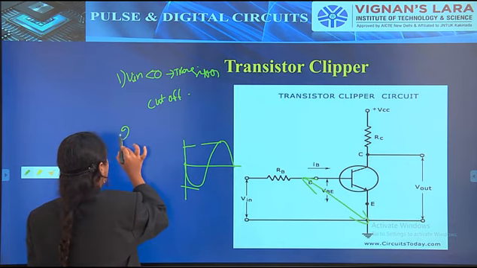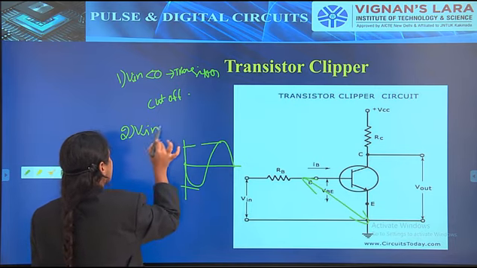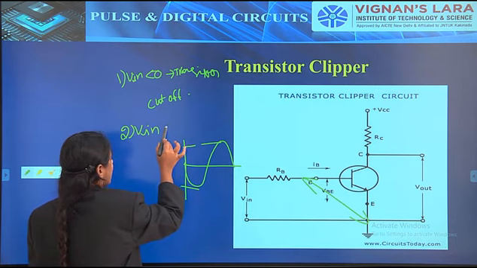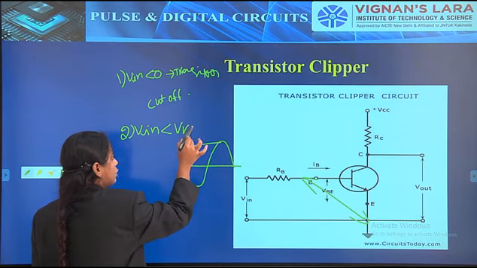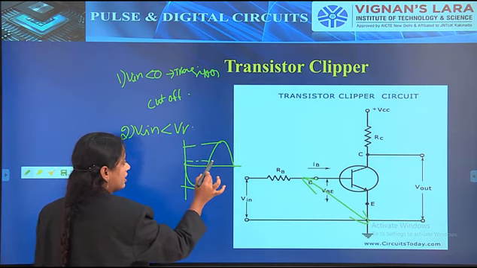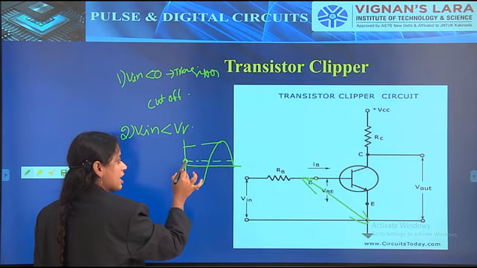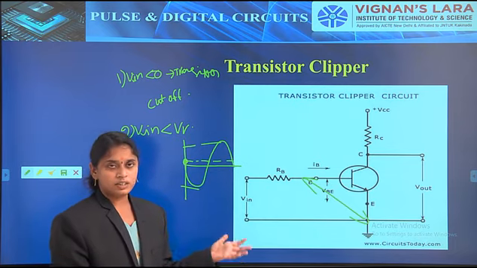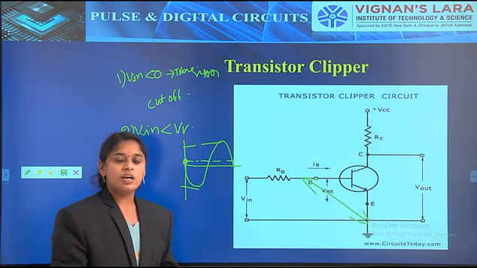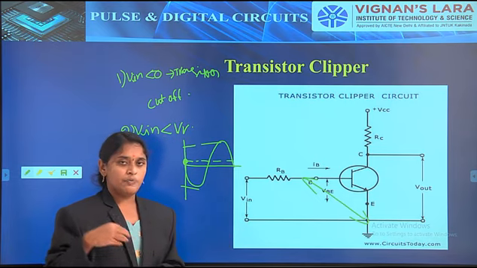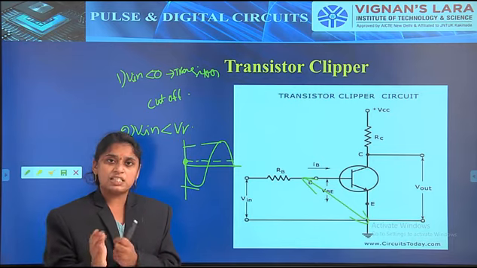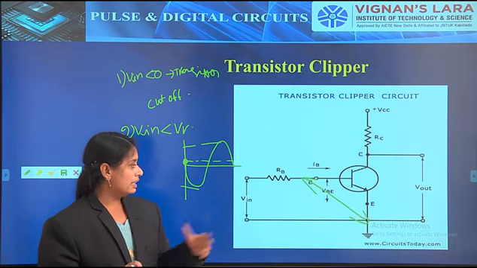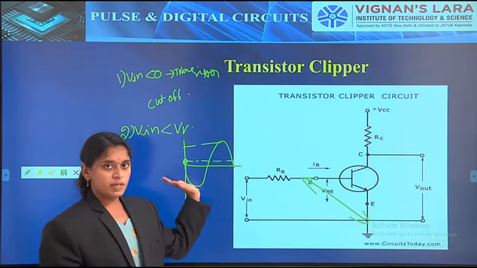That is, V input less than V gamma. Up to V gamma, the transistor must be in the cutoff region only. Why? Because VBE is in the reverse bias condition. It could be in the active region, but for the active region also VBE must be in forward bias, and the transistor on condition will be V gamma.